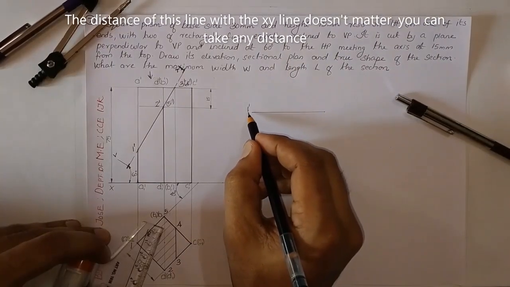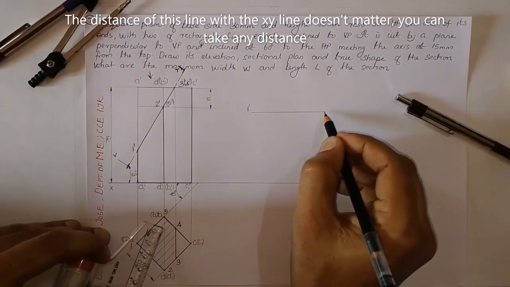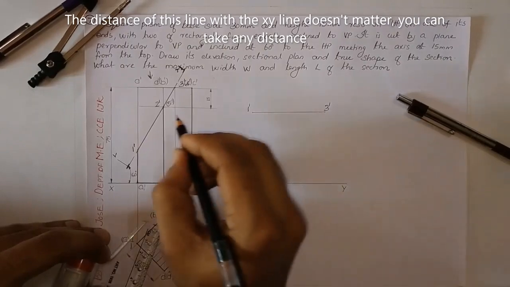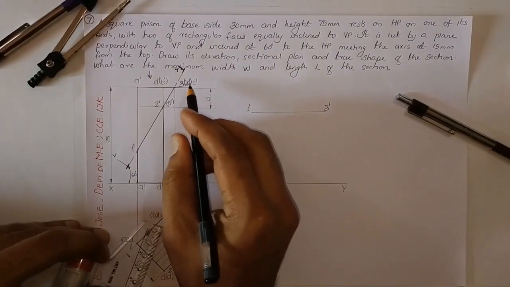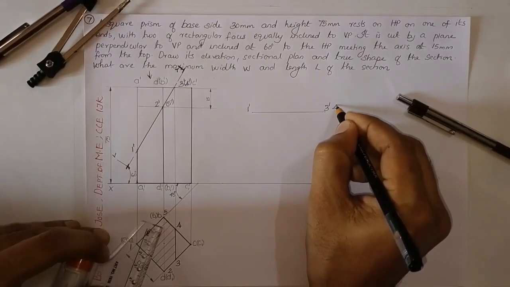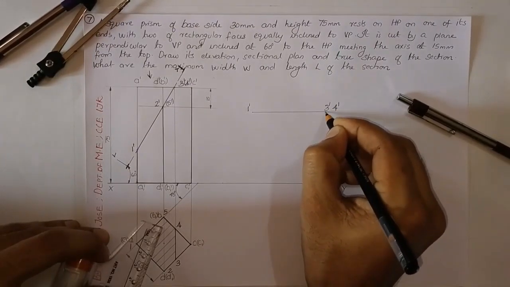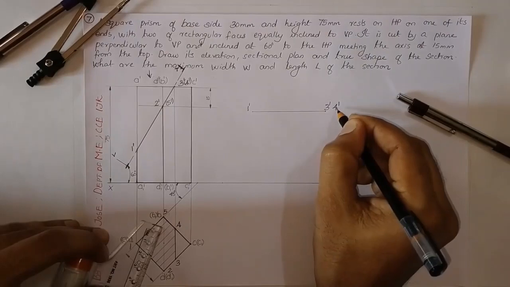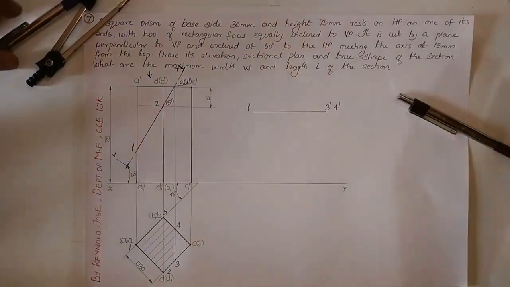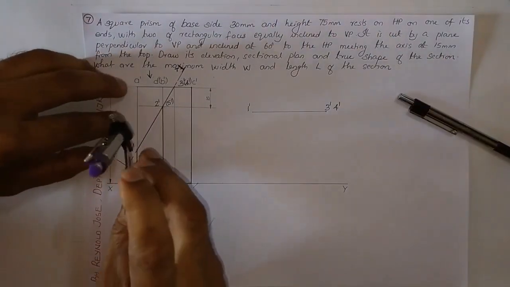On this end, let us mark it as 1 dash, and on the other end, this point is 3 dash. We have to mark 2 dash, 5 dash also. Here 4 dash is also along with 3 dash, so let us mark it as 4 dash. This point itself is 3 dash and 4 dash. This is 1 dash.